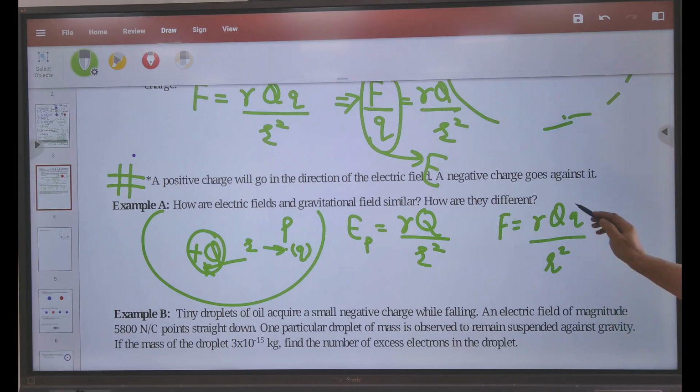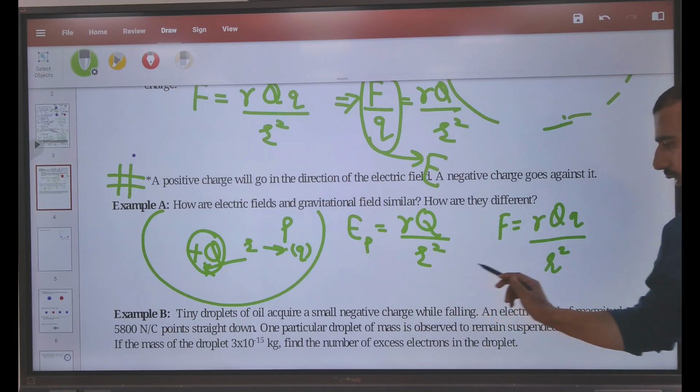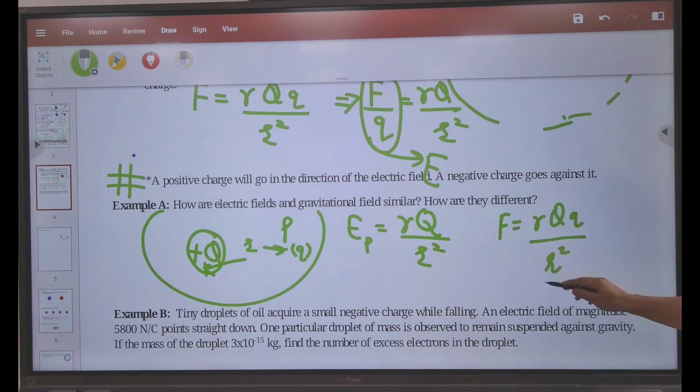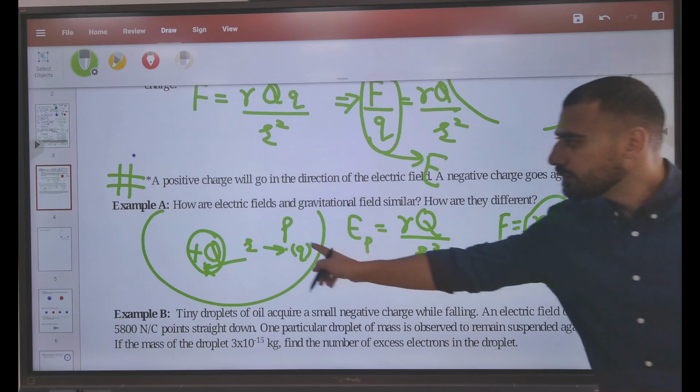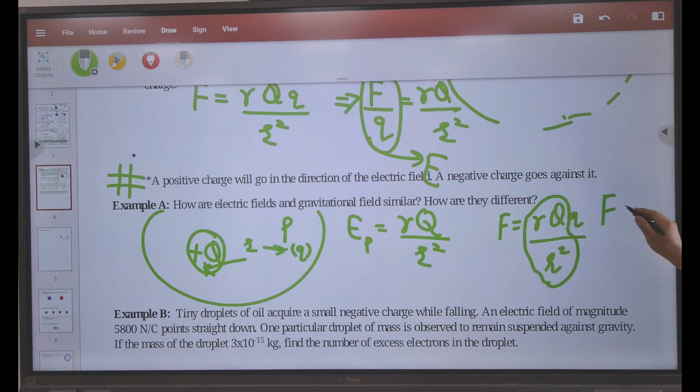So if you check gamma Q divided by R square, isn't this electric field? So can I say that the force which this charge experiences is given by this charge q multiplied by E? Can I say this? Yes. Yes or no? Yes. Now understand the direction of the force.